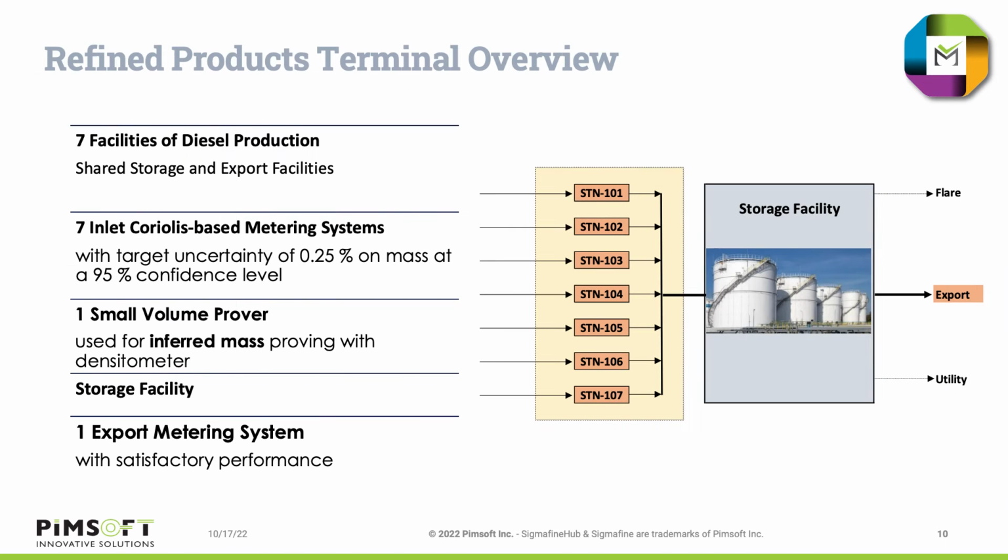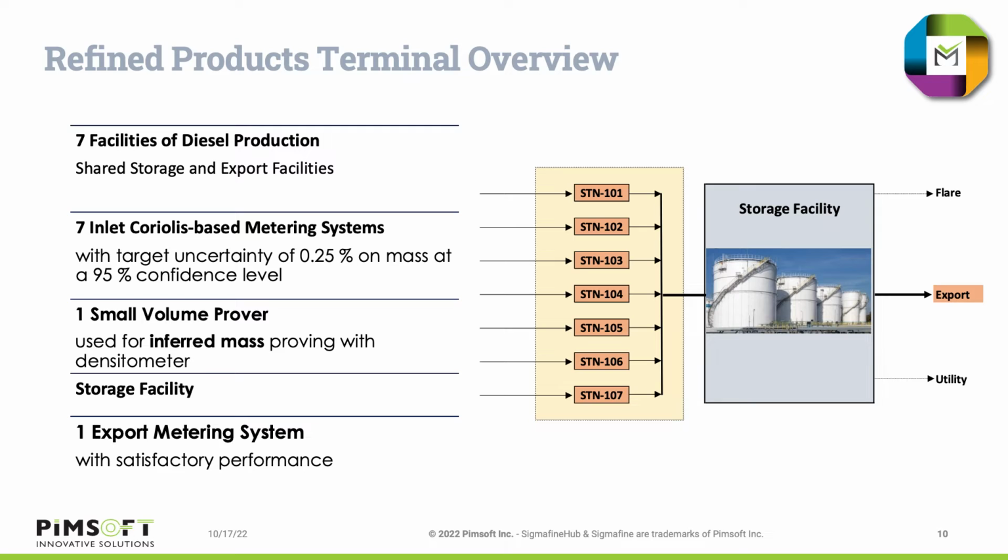The diesel common storage and export facility comprises 7 flow metering systems from different production units, storage tanks, and export metering system. The inlet metering system is Coriolis-based system from a different manufacturer and were designed as a custody transfer system in accordance with the API standard. In situ proving facility was available and inferred mass proving was adopted.